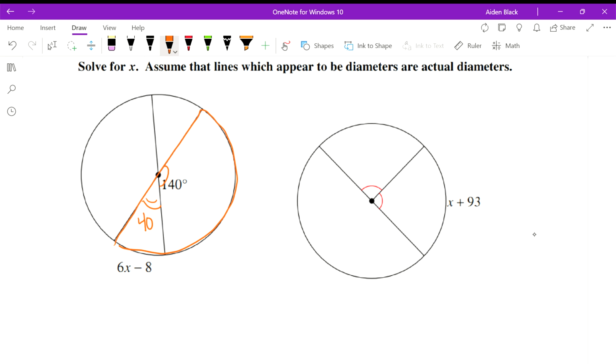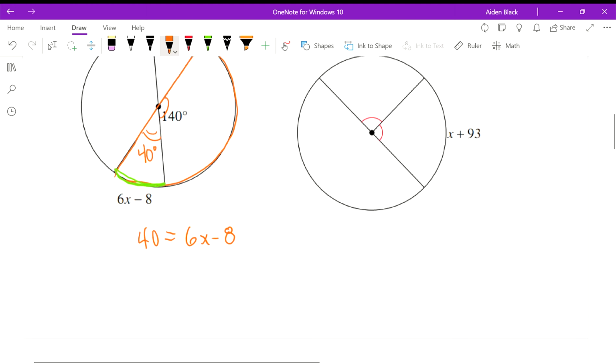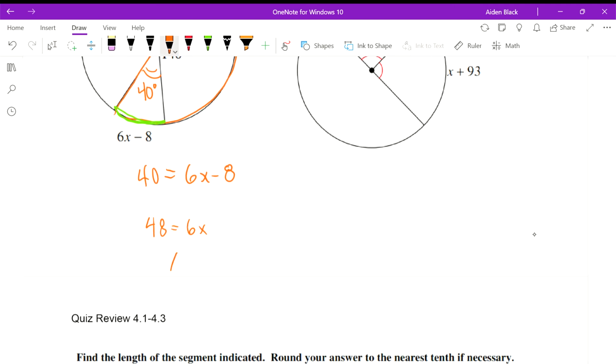So, we know 40, and notice here, the arc says it's 6x minus 8. But we know that this arc is 40 degrees, just like the central angle there. So we can say 40 is equal to 6x minus 8. And then you just have some basic algebra. So x equals 8.